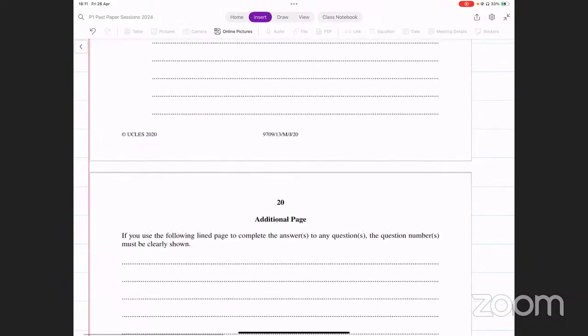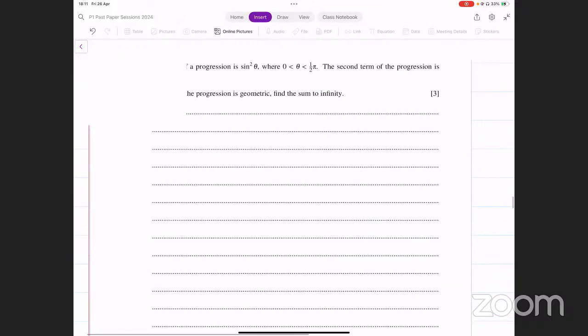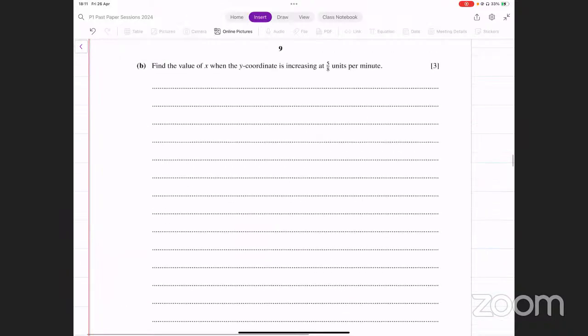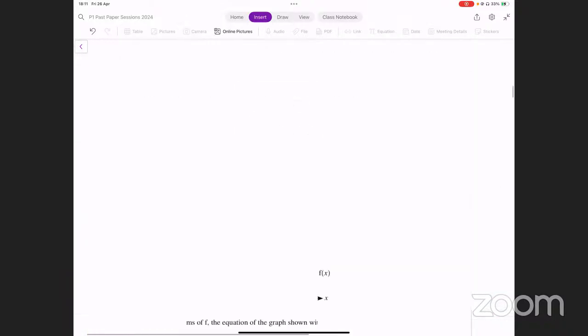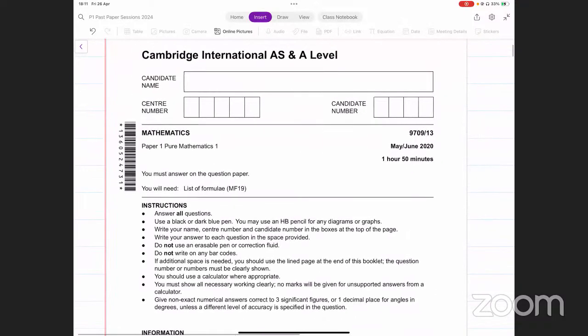Make sure to have a look at the paper again if you haven't already, and let me know the questions that you find difficult from this paper now. June 2020, paper 1, variant 3.